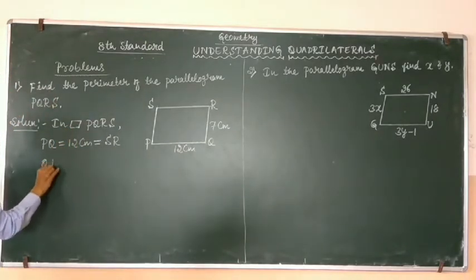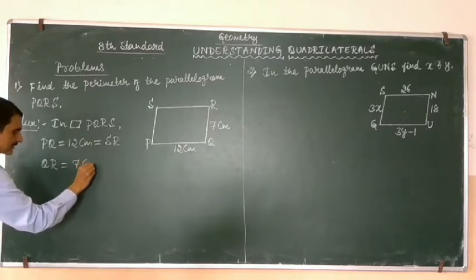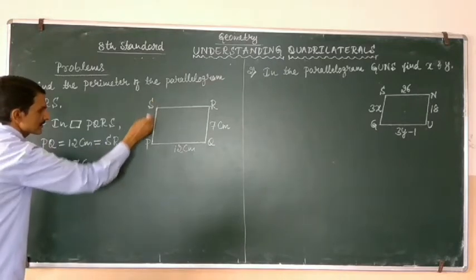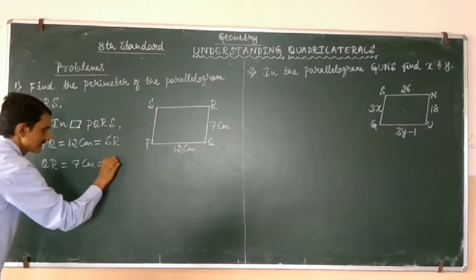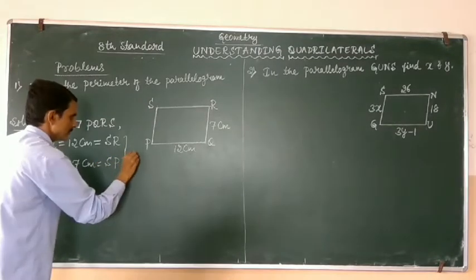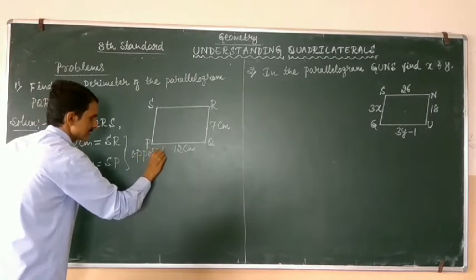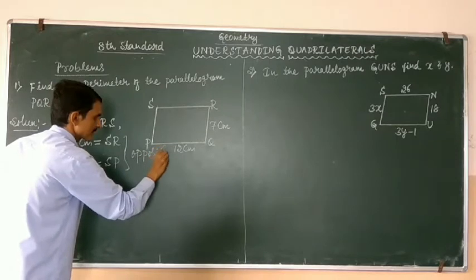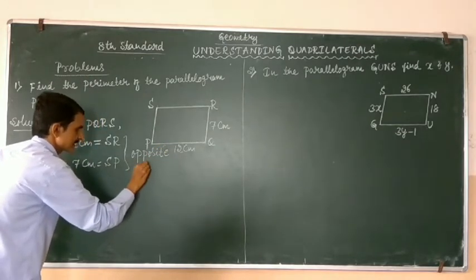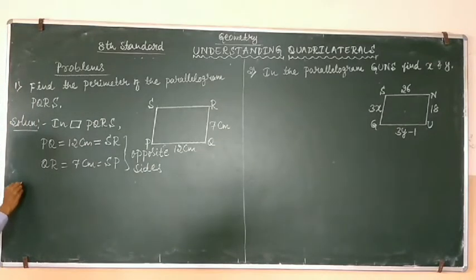Similarly, QR is equal to 7 centimeter, which is equal to SP. The condition is opposite sides of a parallelogram.